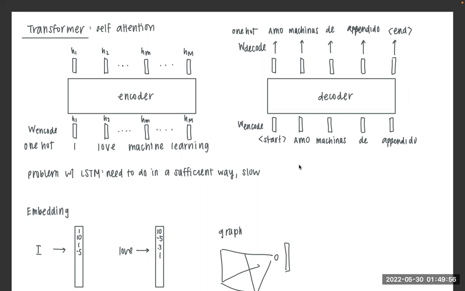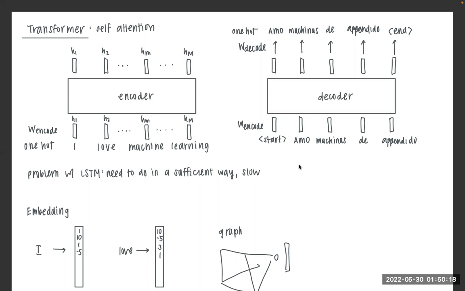After that, it also was adopted by computer vision, so that it applied to image, so that we have this vision transformer and transformer architectures that seek to replace the convolutional neural network.